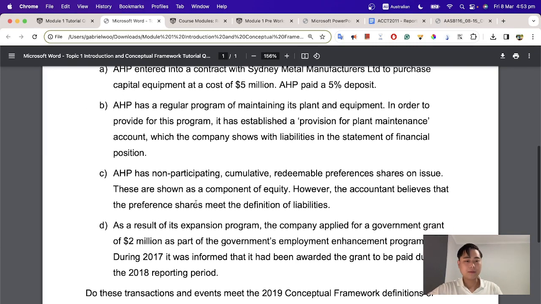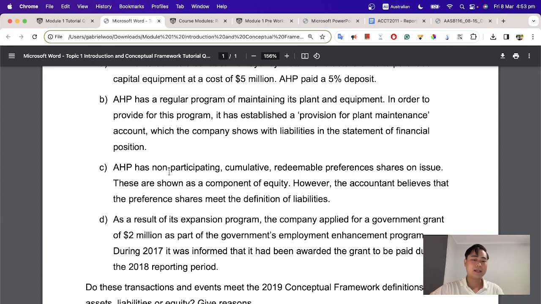Part C, AHP has non-participating, non-cumulative, redeemable preferred shares on issue. These are shown as components of equity. Is it equity or is it a liability? That's our question now. However, the accountants believe that the preferred shares meet the definition of liabilities.